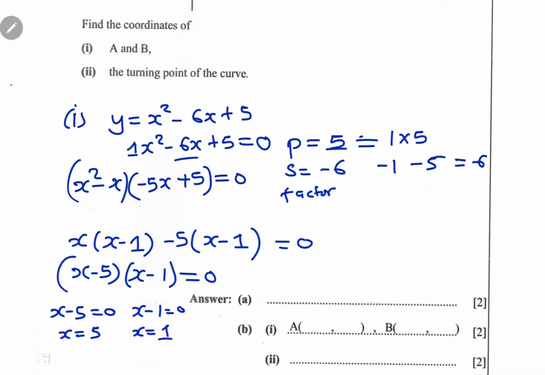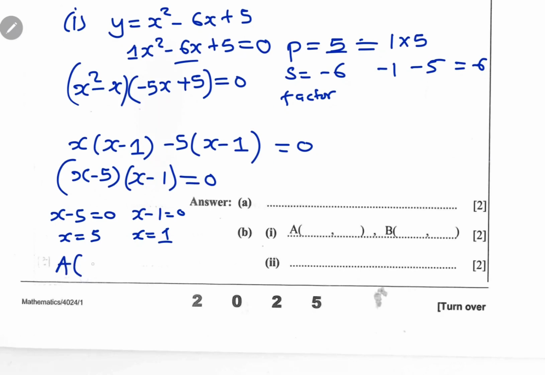So the coordinates of A is (1, 0) and B is (5, 0). So you're going to have (1, 0), then (5, 0).